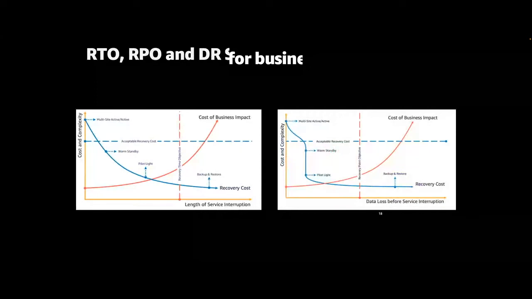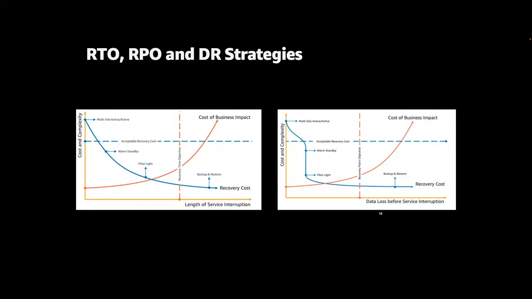But as a recommendation here, you need to determine where your key metrics, your KPIs for both RPO and RTO are, considering your costs, your customer budget, as well as the use case, weighing cost and complexity versus length of service interruption and data loss before service interruption. And then you can pick any of these four strategies depending on your customer solution, right?